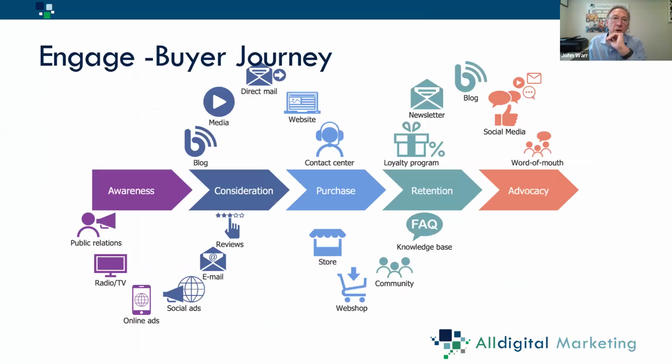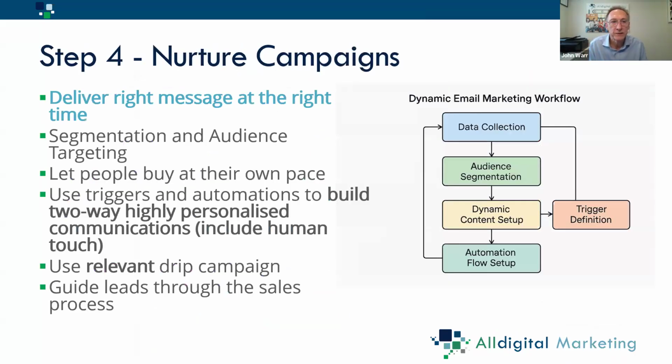So if we go back to the engagement, there's loads of different ways of engagement. What you're trying to do is to move them, working out where they are in the buying cycle. Are they at consideration stage, at their purchase stage? At what point are they in the stage? How do you move them along? So one obvious way to do this is to use nurture campaigns. So what you do is you start providing relevant content.